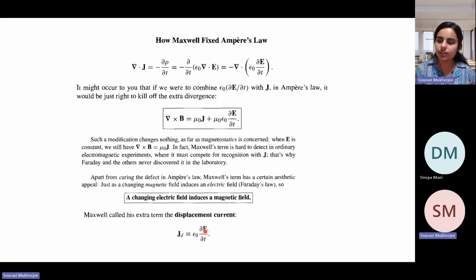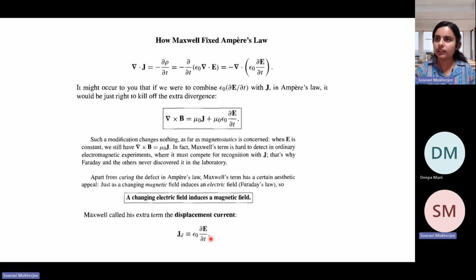So in those cases, you can use the relation between potential and electric field. If you know the distance over which you have this electric field, you know that E is given as V by D. If you use that relation, it turns out to be an expression with epsilon naught by D, some distance, into del V del T.